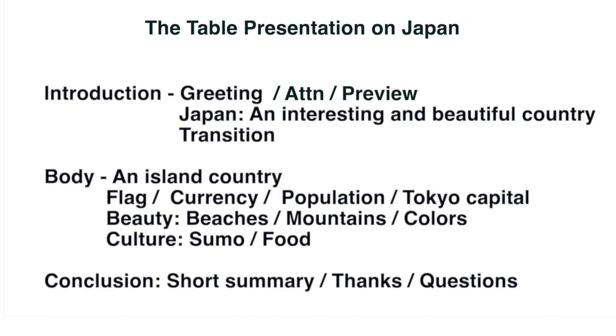Now, if I might forget that the population is 130 million, I can write that as a reminder. It says beauty, the beaches, the mountains, the colors. Colors? Well, if I might forget what the colors refers to, I might write fall and spring.